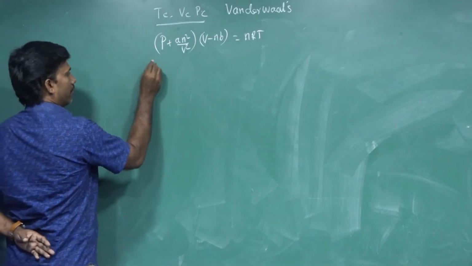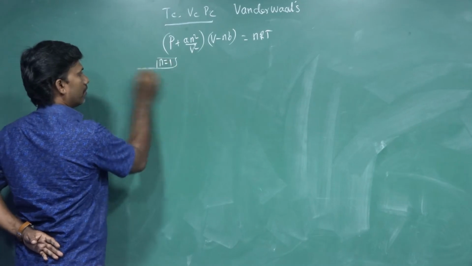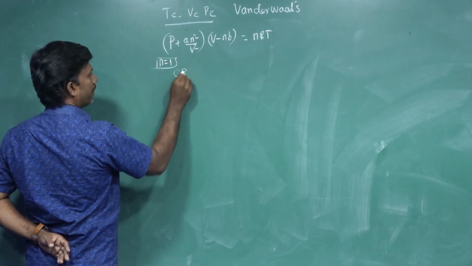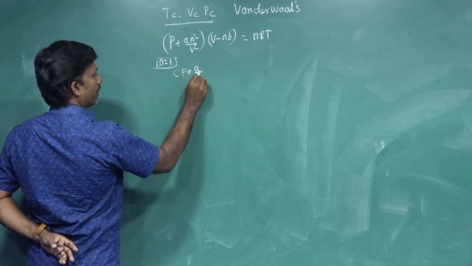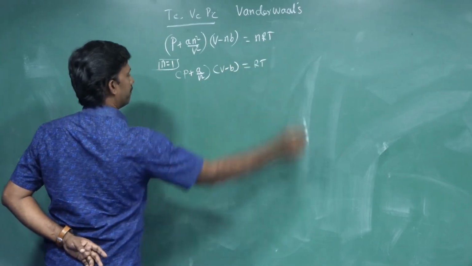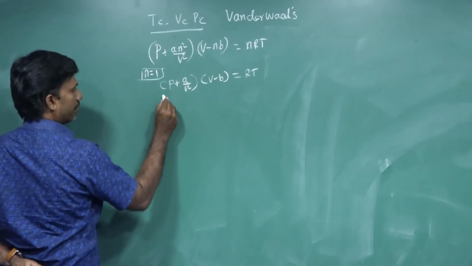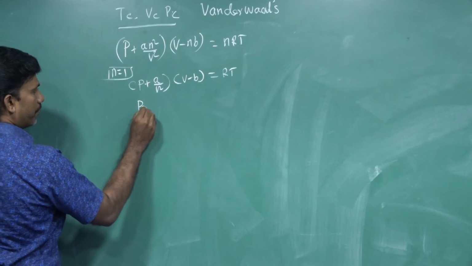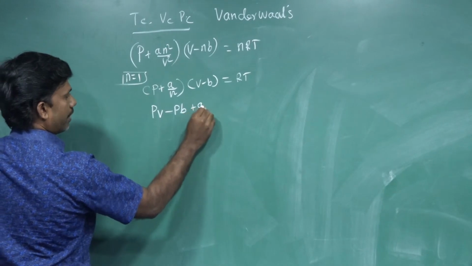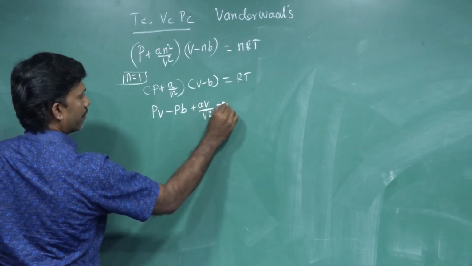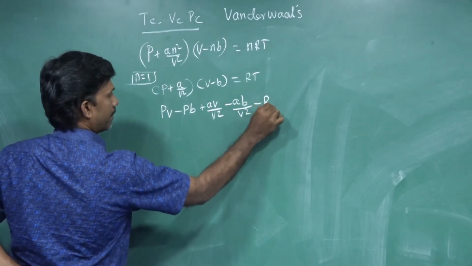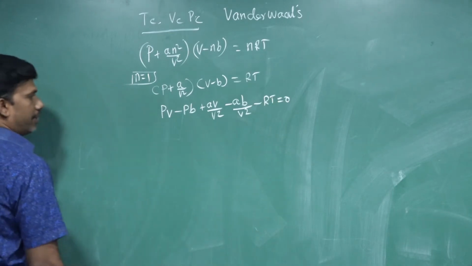For n moles of gas, for n equal to 1, if you substitute 1 here, the equation becomes (P + a/V²)(V - b) = RT. Now we expand this equation by multiplying these two: PV - Pb + a/V - ab/V² - RT = 0.